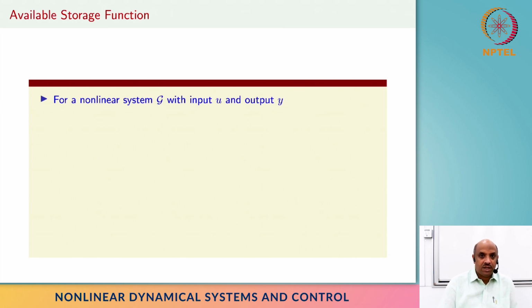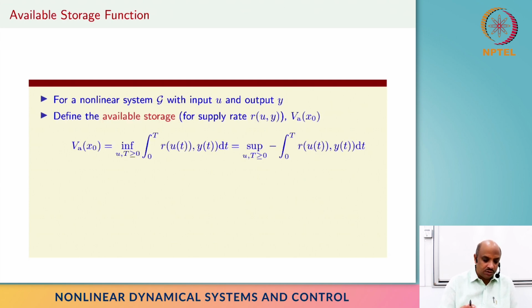Is that the same thing as saying that it's dissipative with respect to a storage function? And the answer obviously is yes, and this notion of available storage is defined, right?